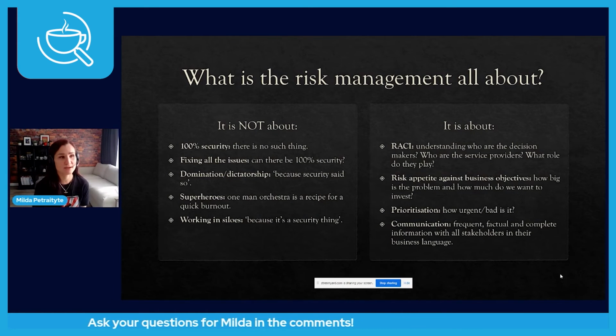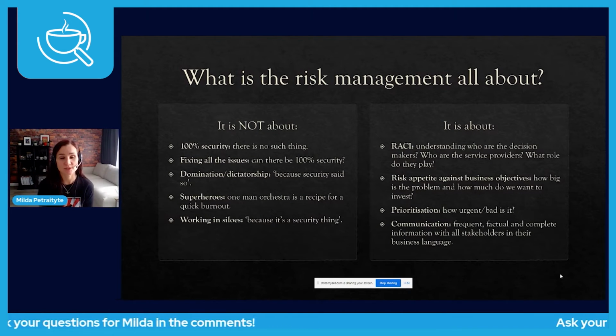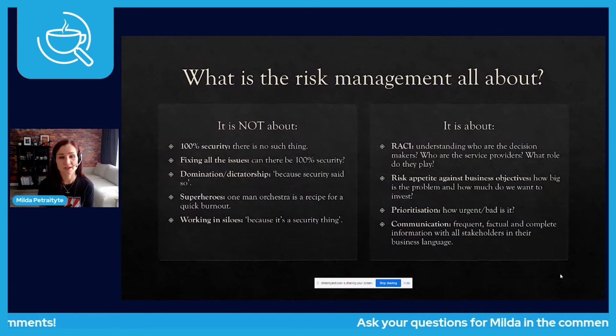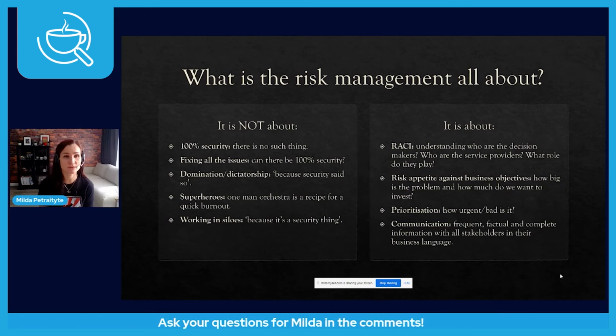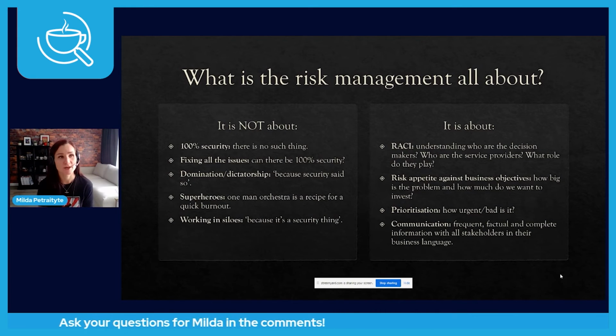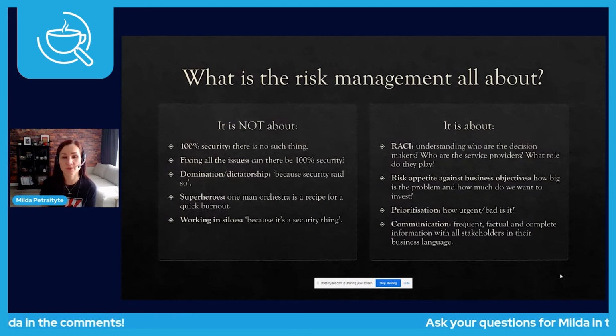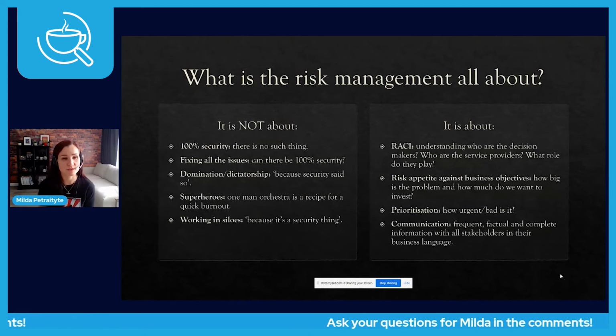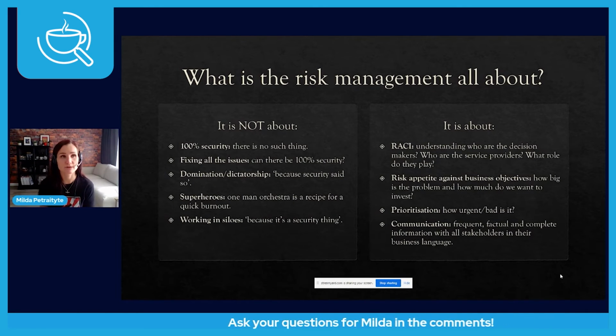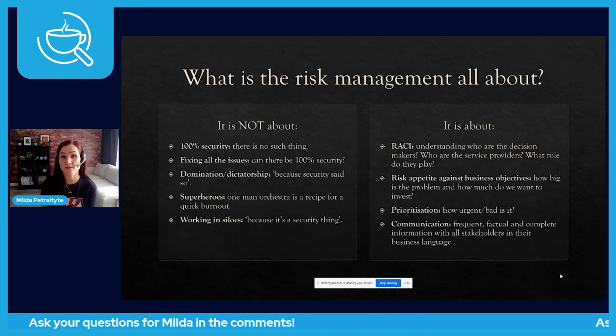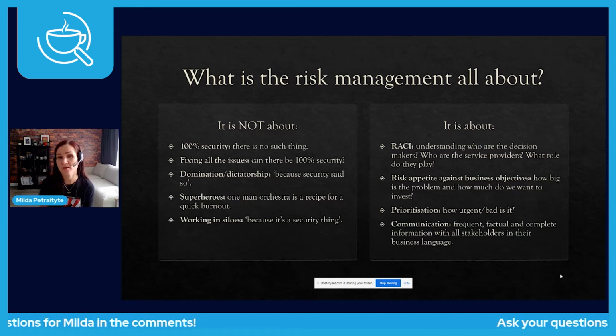And the last thing, which is also worth mentioning: some teams prefer to work by themselves and do all the risk management and security problem management activities by themselves, because they think that somehow this is something that security does, or even that the entire organization thinks this is a security thing and not relevant to them.